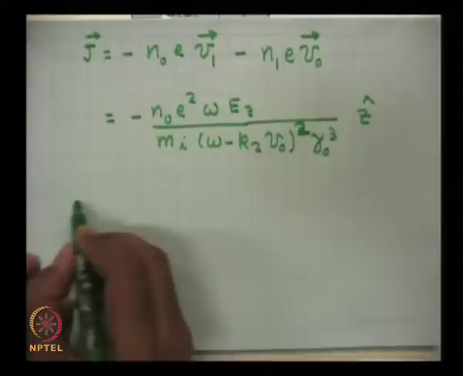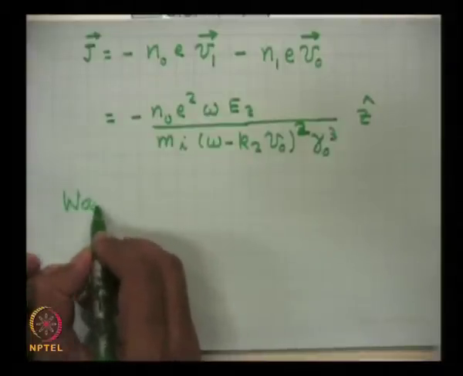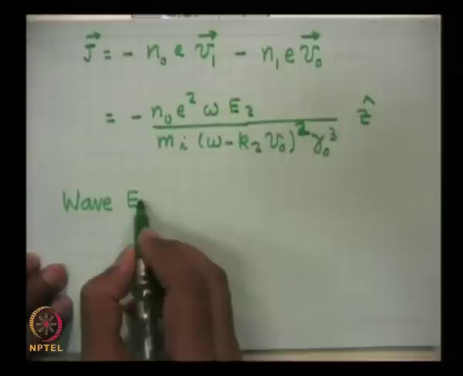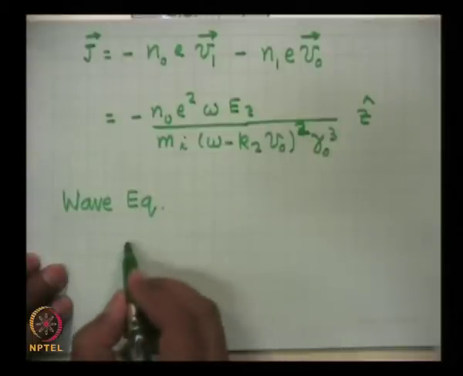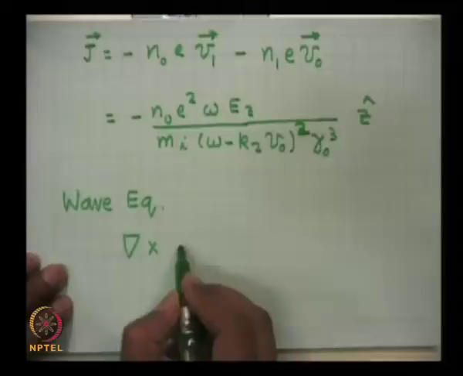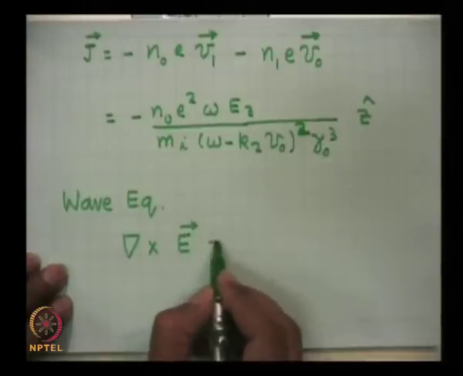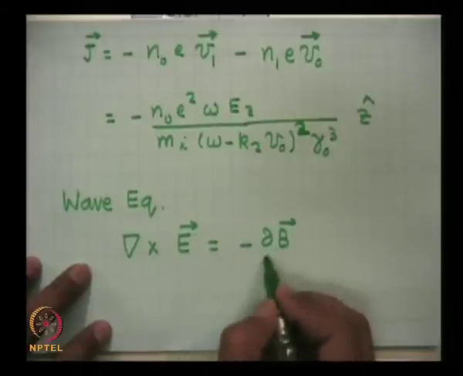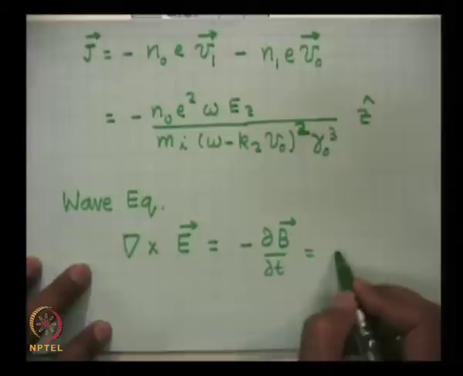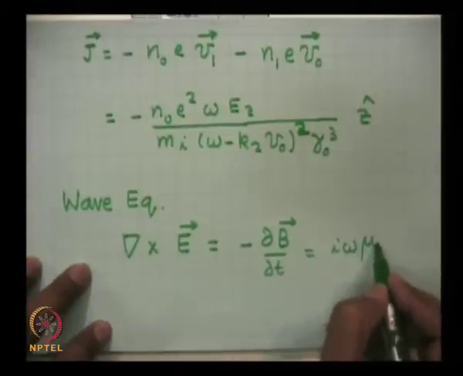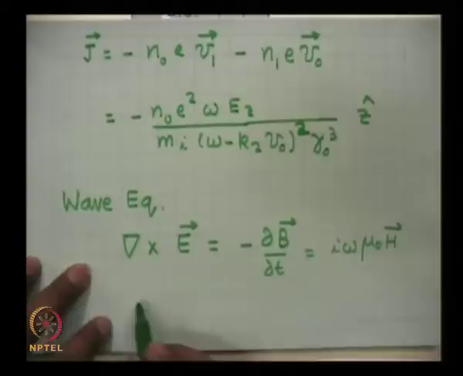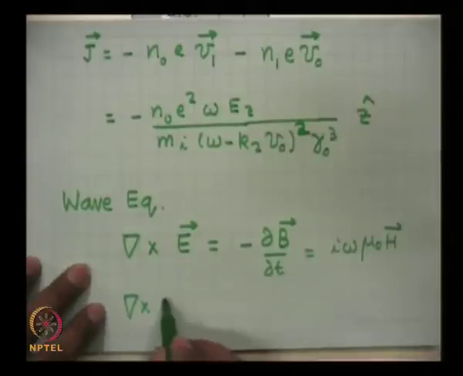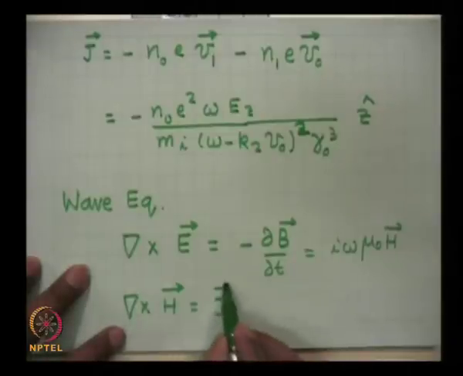The wave equation for the electromagnetic wave in the waveguide can be deduced from these two Maxwell's equations. Curl of E is equal to minus delta B by delta t, which is equal to minus i omega mu 0 H, and curl of H is equal to J plus delta D by delta t.